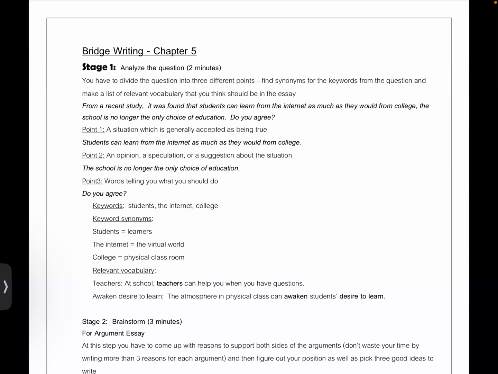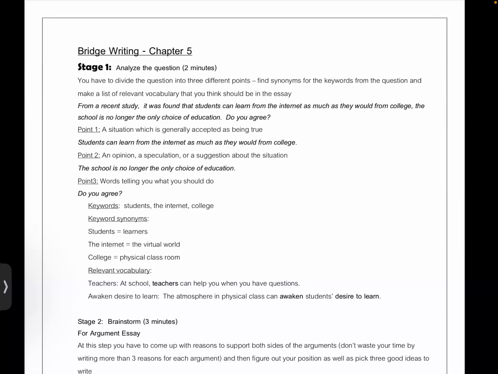We have a statement that seems to be in favor of online education, and it's trying to back up that we don't need to go to school anymore because it was found that students can learn from the internet as much as they can from college.